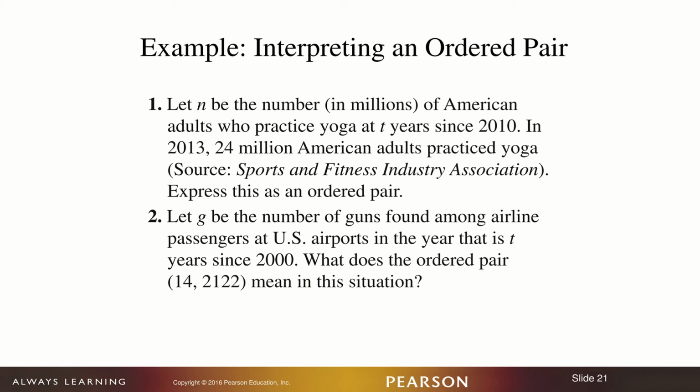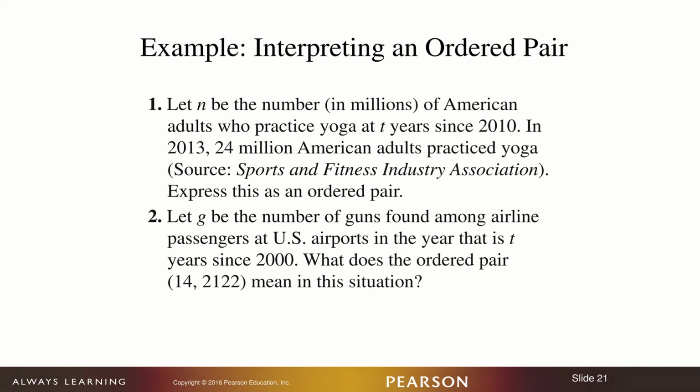So first thing we need to do is decide which one is the explanatory variable and which one is the response variable. And as you would guess, we want the years since 2010 to be the explanatory variable and the number of adults who practice yoga to be the response variable, right?